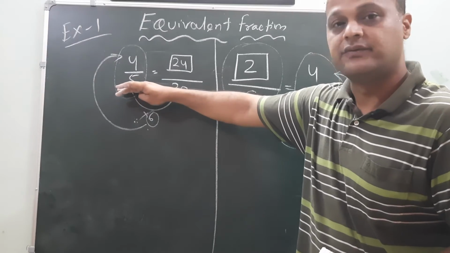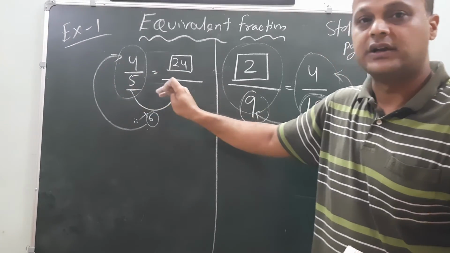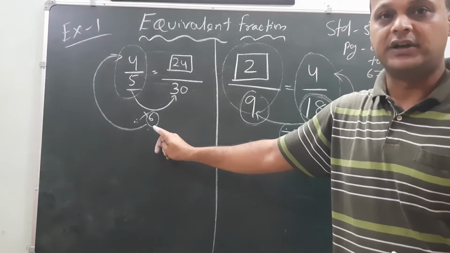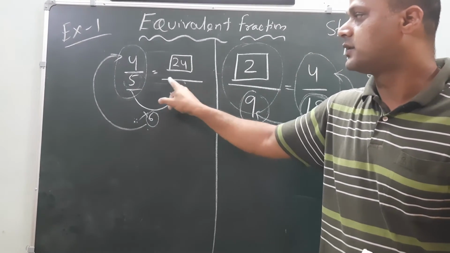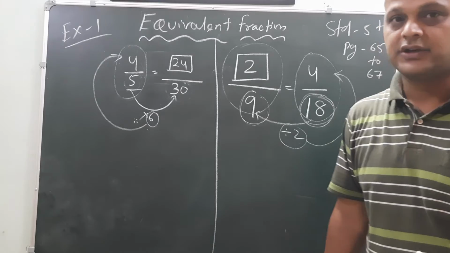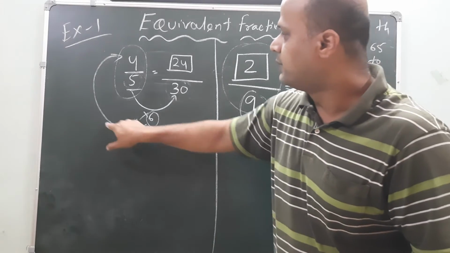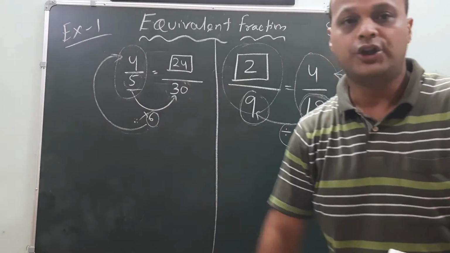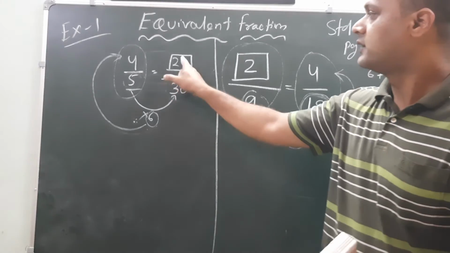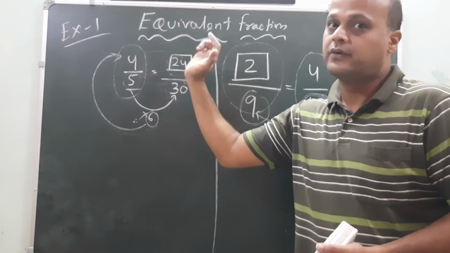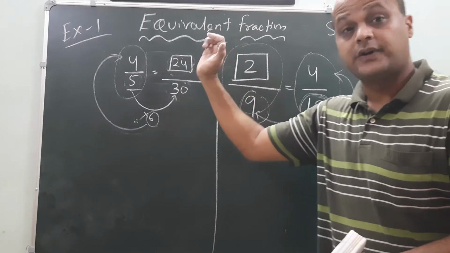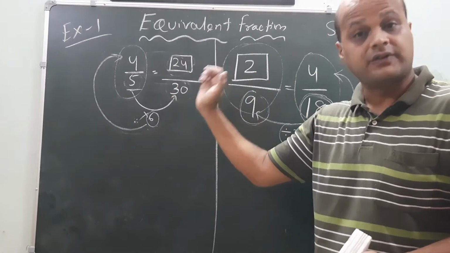If denominator is given, you have to make a relation between the denominators. With multiplication, what should we multiply with the denominator to get the denominator of the equivalent fraction, and the same multiplication will be applied to the numerator of the first fraction and write the result. Here the first fraction is given and the second fraction is not given.